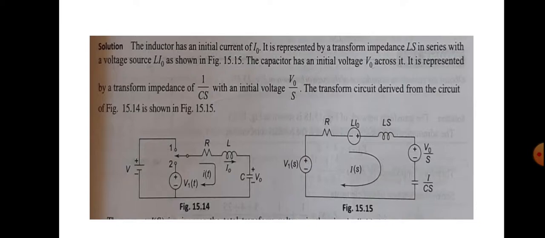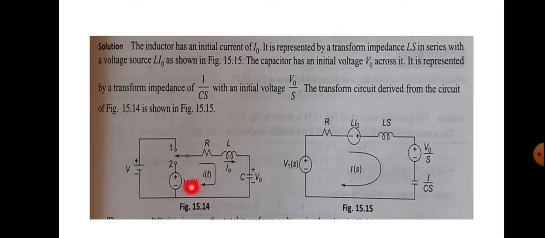This is the circuit shown in the question, and at time t equal to 0, the switch will be connecting to V1 of t. So we can draw this portion of the circuit alone. This will be ejected because there is no connection with point 1. First, for V1 of t, we are going to draw the transformed circuit.